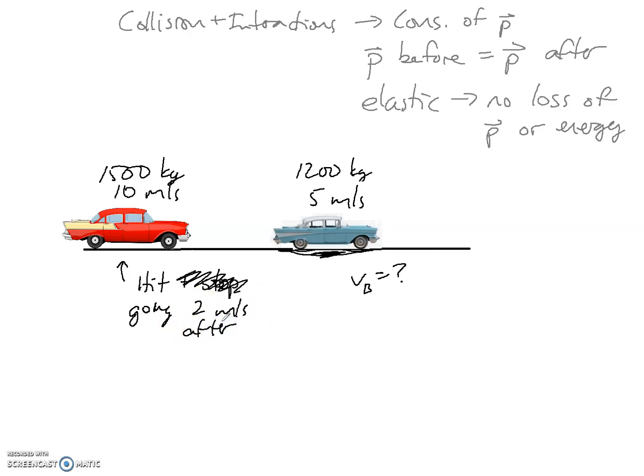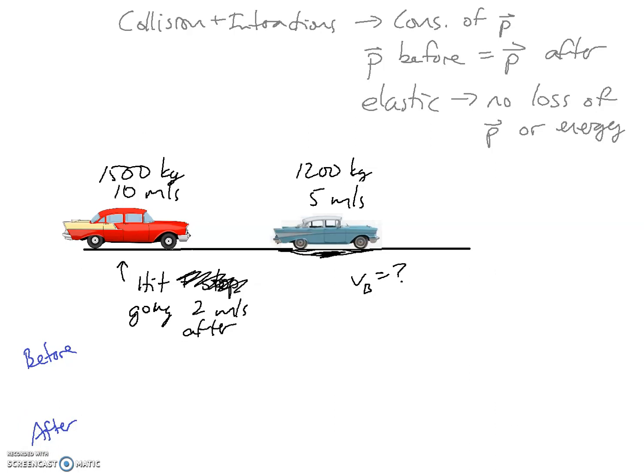Okay, and now let's do the same type of thing with finding the speed of the blue car afterwards. I'm going to start the exact same way I did before. What I often like to do is look at my before and look at my after. So I'm going to look at my before for my red car.